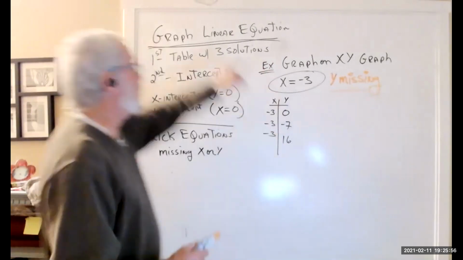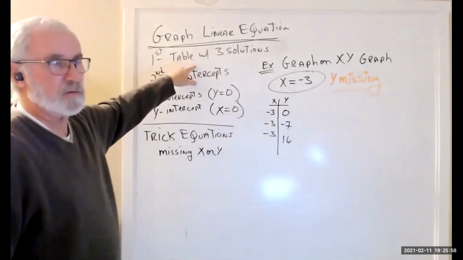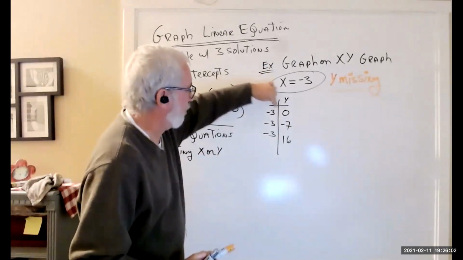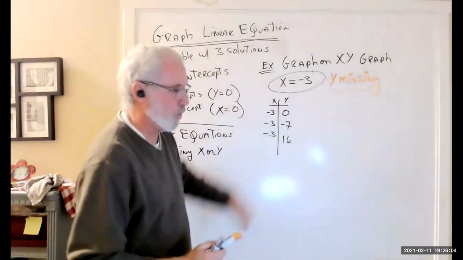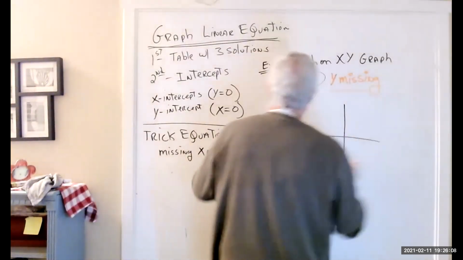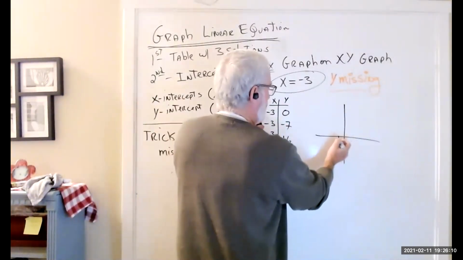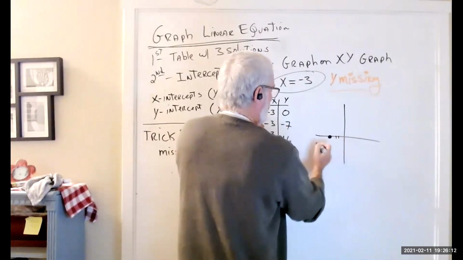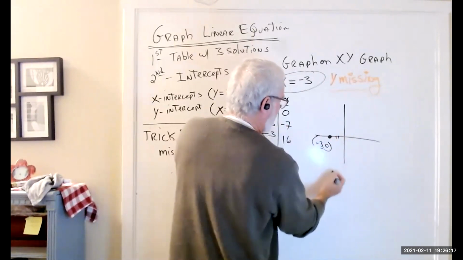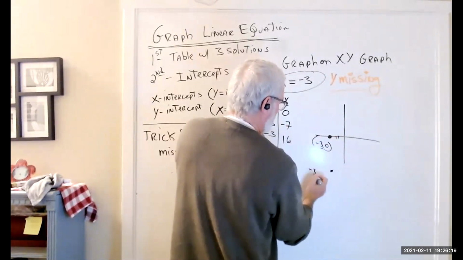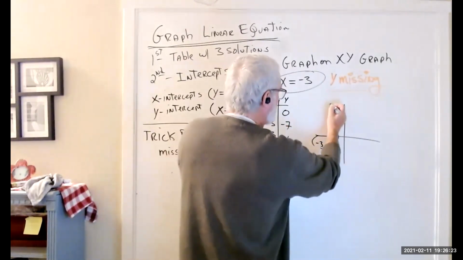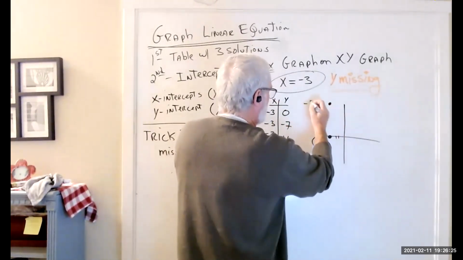So it all still comes back to ordered pairs. But these are special ones where X is always -3 and Y is anything you want. Well, when we plot those, when we graph those, we get -3, 0. We get -3, -7. We get -3, 16, obviously not drawn to scale.